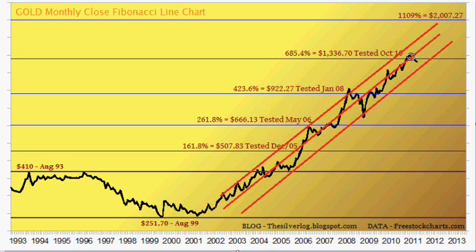Therefore, where this line is right now is pretty much about this little area here, and that's roughly at about 1150. So that's the big support level ish or so, if we have any big selling that comes within the market.